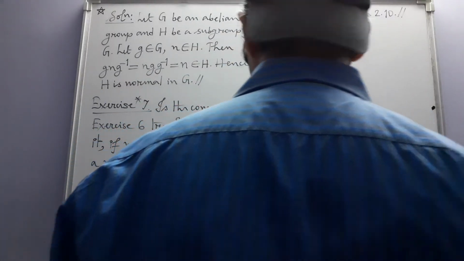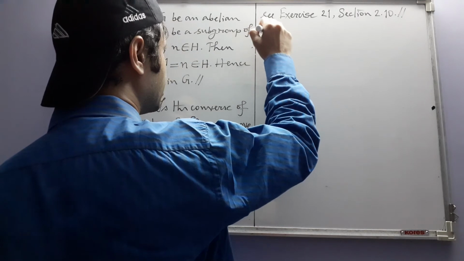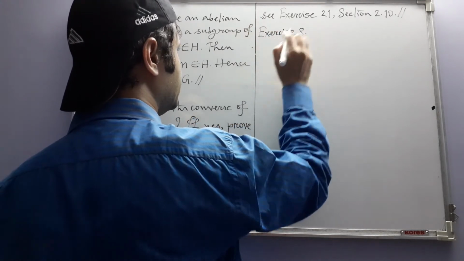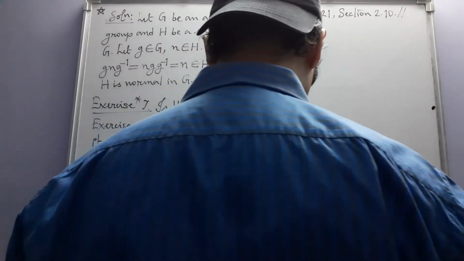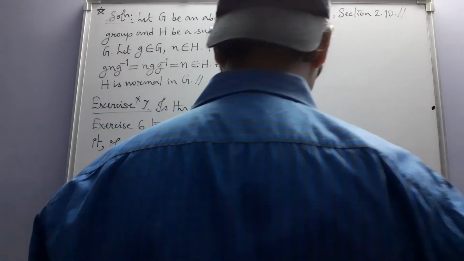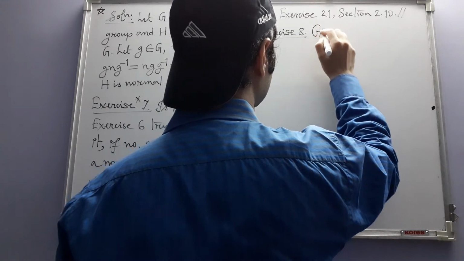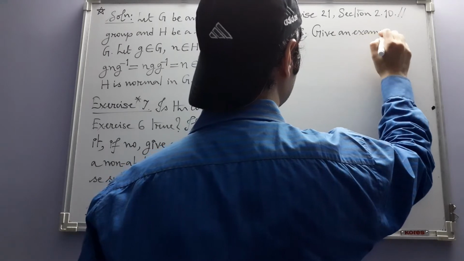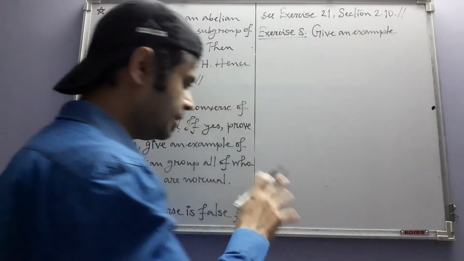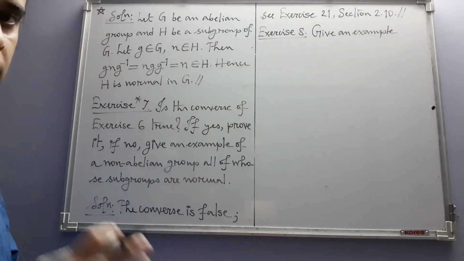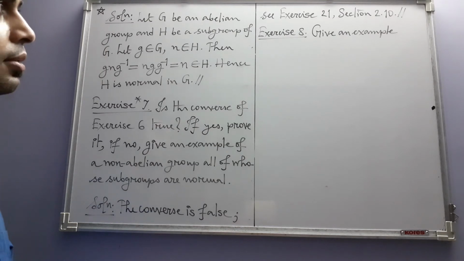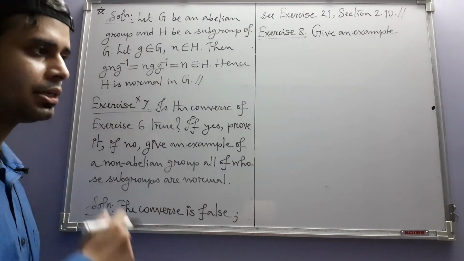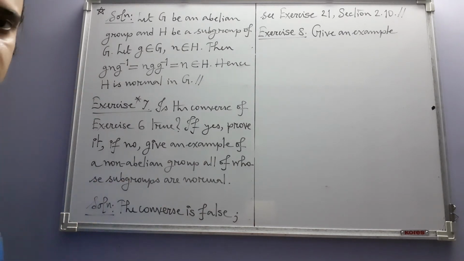Okay, now next exercise 8. Give an example of a group G. These give-an-example exercises in general are very tough, because if you are asked to do something, then you will somehow try to come up with a solution.